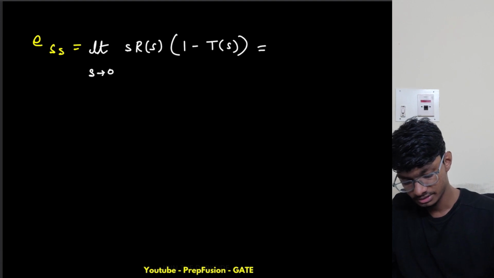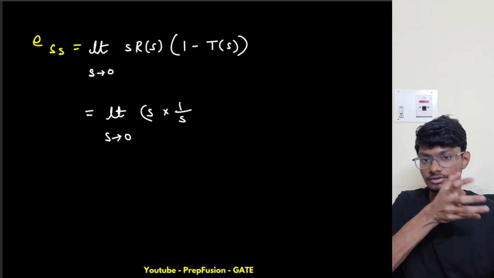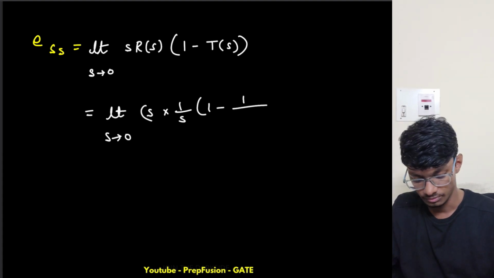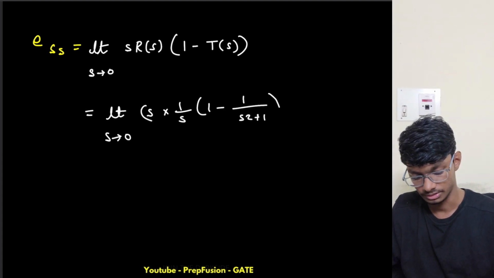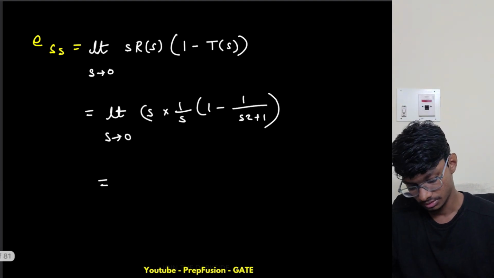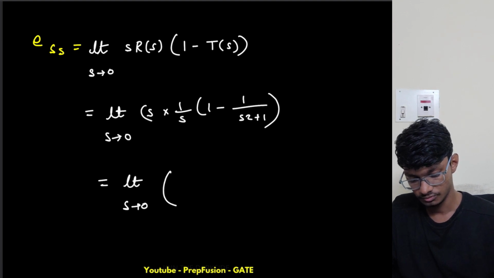So what is my R of S in this case? R of S is 1 over S, because it is a unit step, and the limit is S times that. And this is 1 minus the transfer function, which is 1 by S tau plus 1, I hope you remember. Now let me put it here: this S is getting cancelled, S tending to 0, and 1 minus this one, so I have two brackets over here.